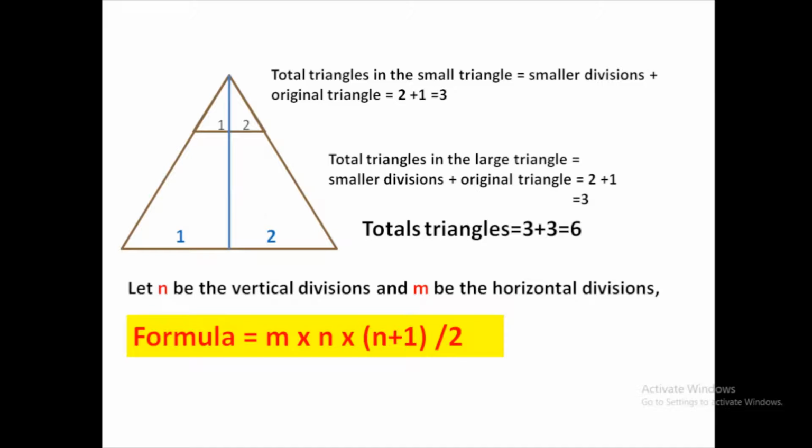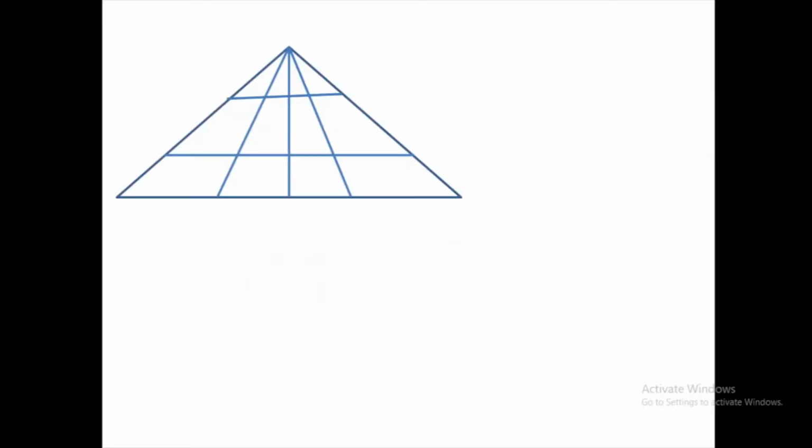So there are 2 horizontal divisions, and vertical divisions, as we have just learned from the previous types, it's 1 and 2. So m equals 2, n equals 2, and we get 2 into 2 into 3 by 2. How much is it? 6 again.